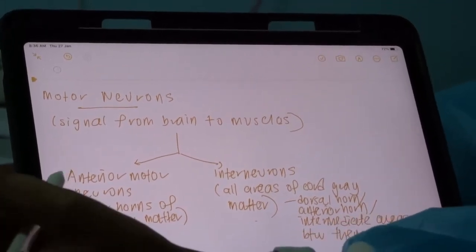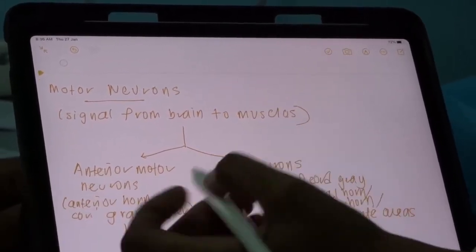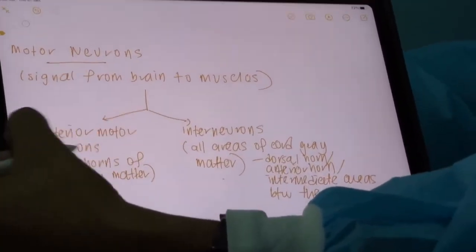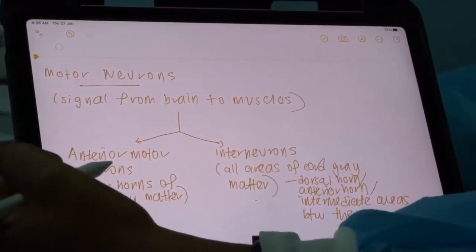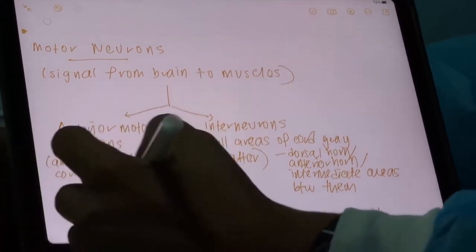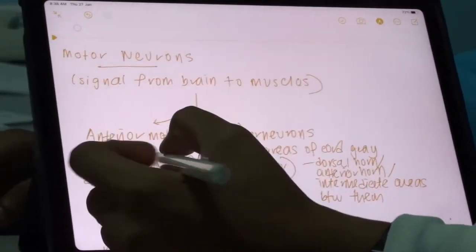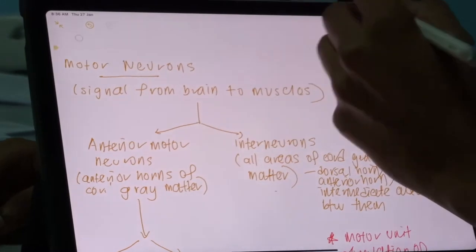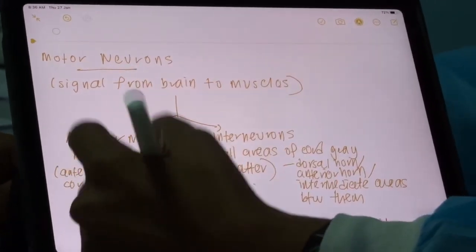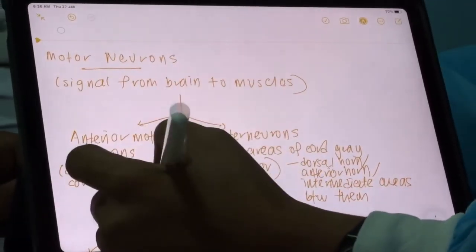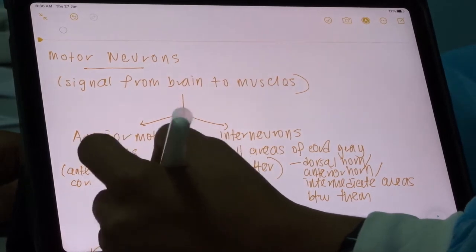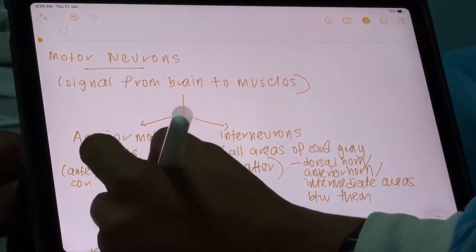This anterior motor neuron will usually be located at the anterior horn of the spinal cord gray matter. I've mentioned previously, this is our gray matter.